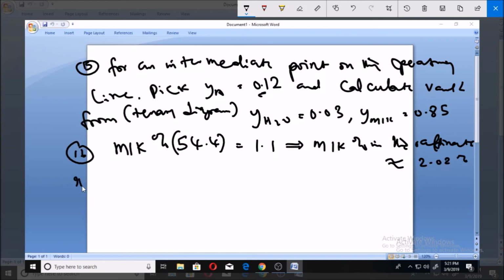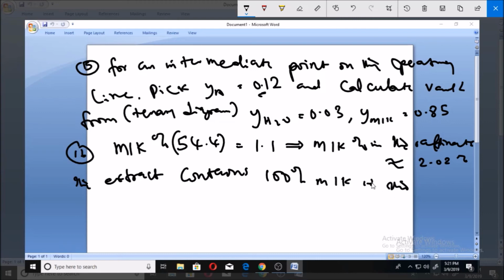Now, the extract contains 100% MIK, that is the same in mass as the solvent feed, same in mass as the feed actually.